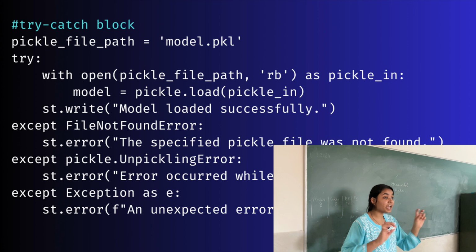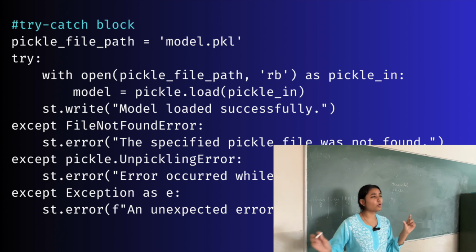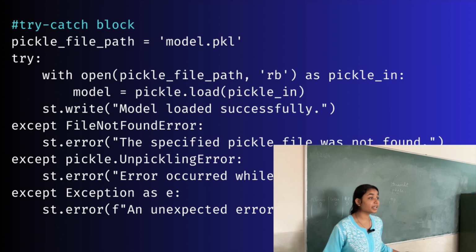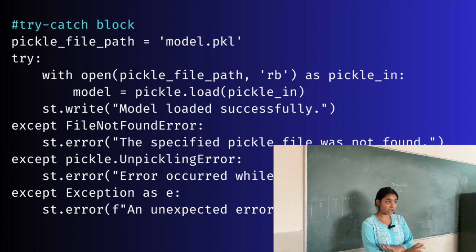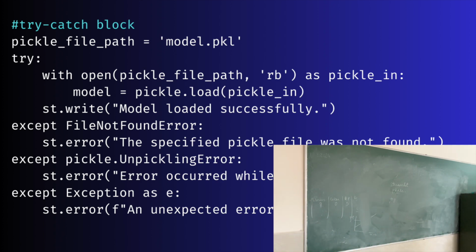But with the try and catch block, it doesn't let the whole app shut down. If the model file is not found, it'll just tell us that the model is not able to load successfully, right? Otherwise our entire app would crash. This is just a good practice when you're coding, but you don't have to understand it.